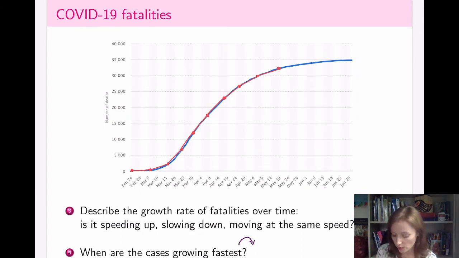So the cases growing fastest, this is analogous to asking, when is the steepest slope? When is the highest average and the steepest slope occurring? Okay, and my guess, based purely on this sketch here, is that it's somewhere in the second half of March. Now, this graph isn't the best for daily cases because I don't actually see how many happen per day.